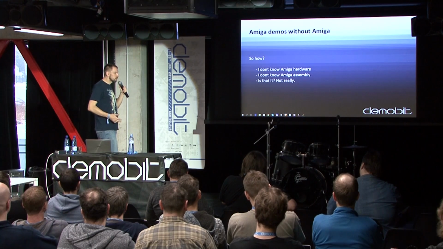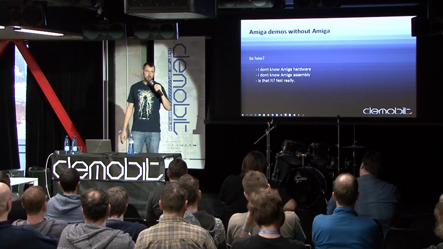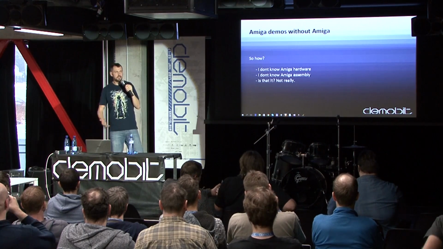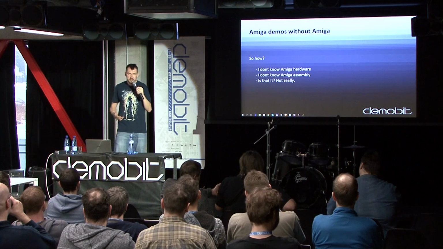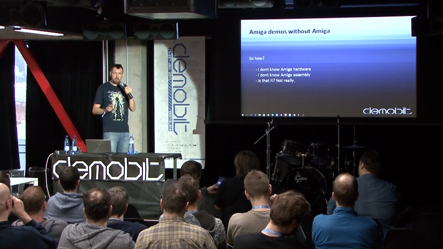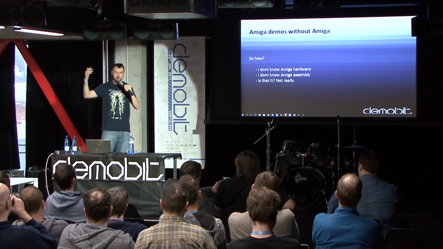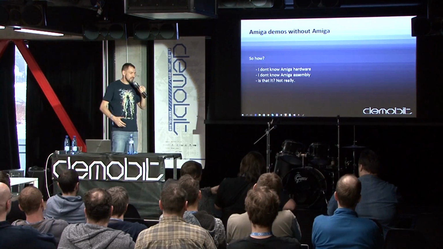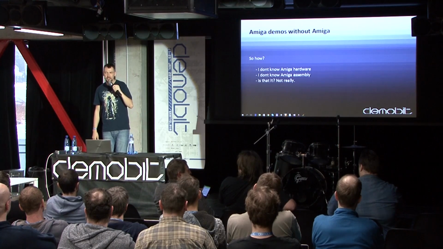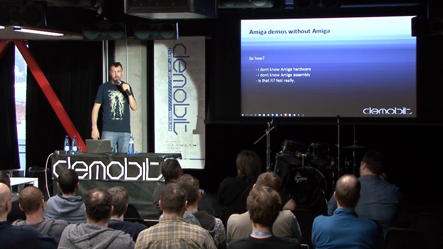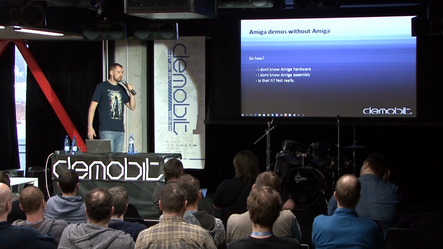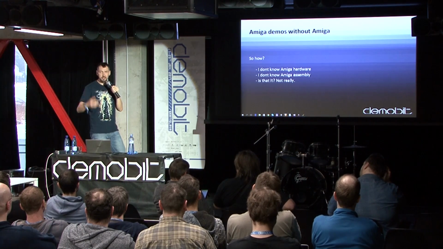So you don't really need knowledge about Amiga. You are just either taking some framework from someone else or just learning the minimum requirements to display graphics. That's really simple, and it's the same on Amiga, it's the same on PC, it's the same on every platform. So if you are not using any chipset-dependent stuff, you just need the frame buffer.